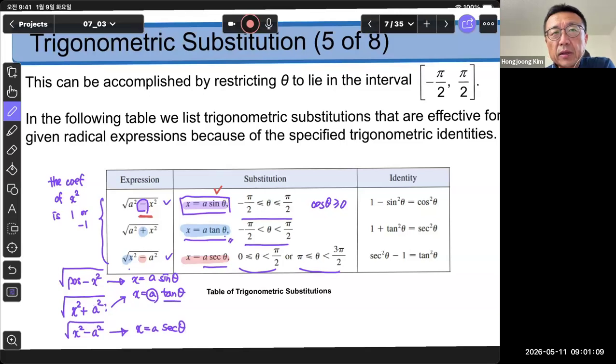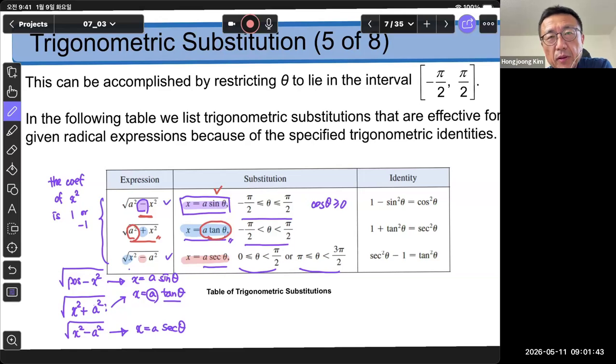Now if you see the plus sign in front of x squared, there are two types. When a positive number a squared is added to x squared, then you will replace x with a tangent theta.